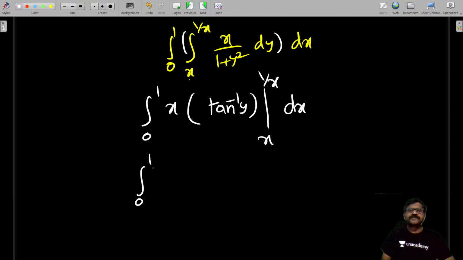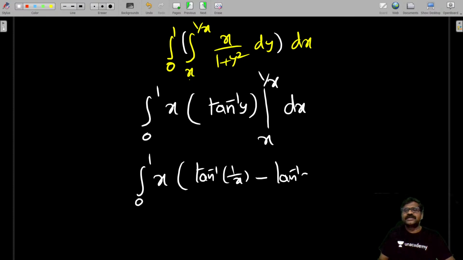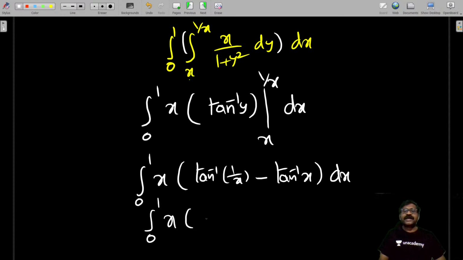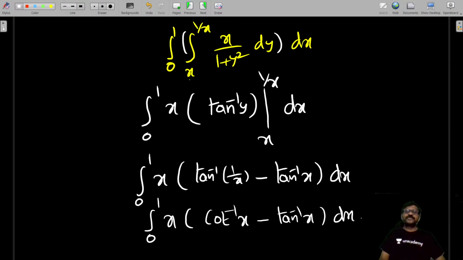Integral 0 to 1 of x times, applying upper and lower limits, tan inverse 1 by x minus tan inverse x, dx. Now tan inverse 1 by x is nothing but cot inverse x, so we get cot inverse x minus tan inverse x, dx.